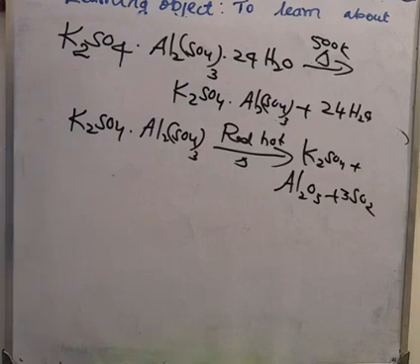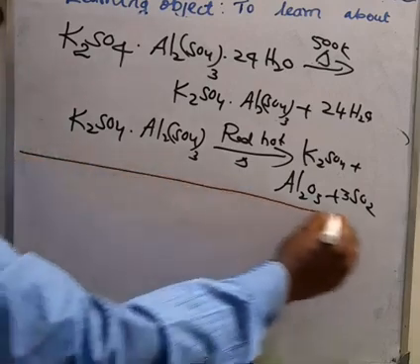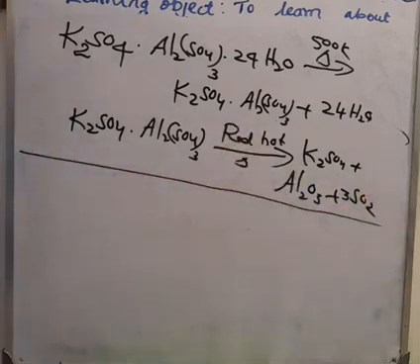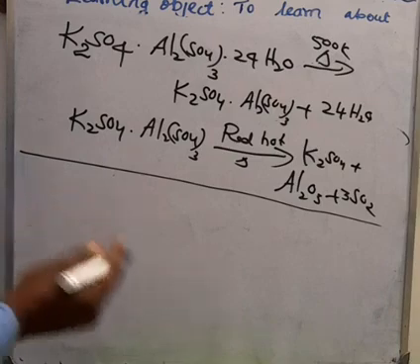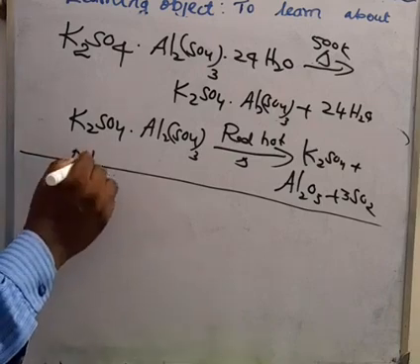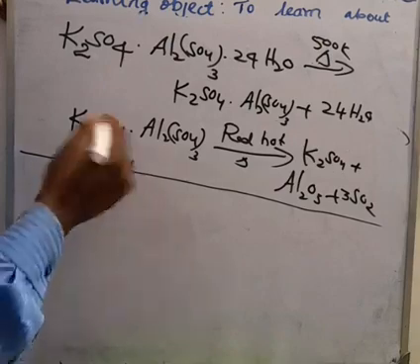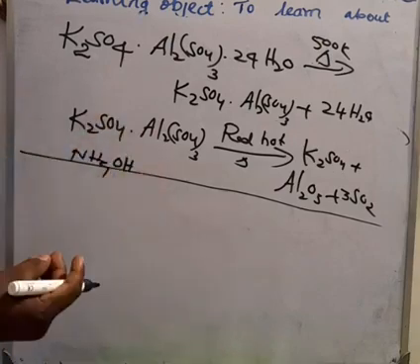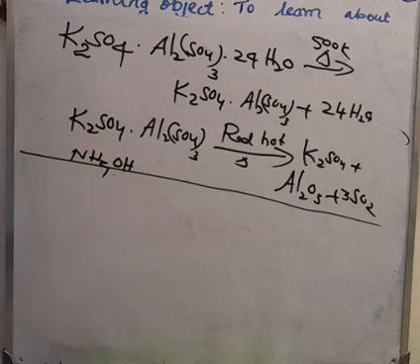Then potash alum forms aluminium hydroxide when treated with ammonium hydroxide. What is the formula for ammonium hydroxide? NH4OH. We get what? Aluminium hydroxide. Don't forget that.